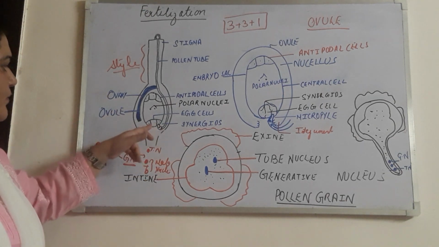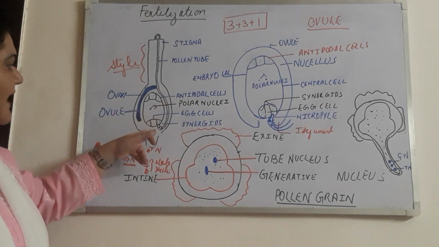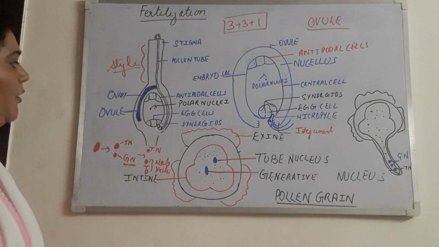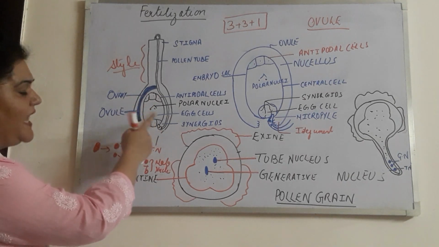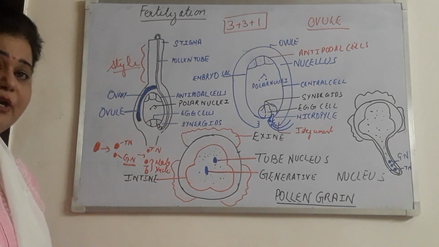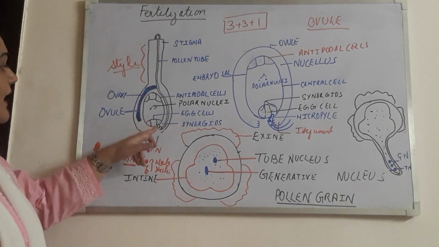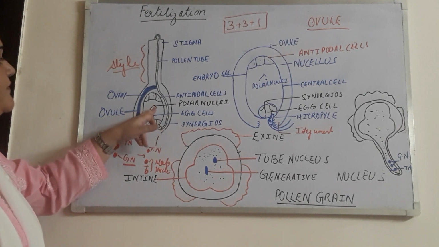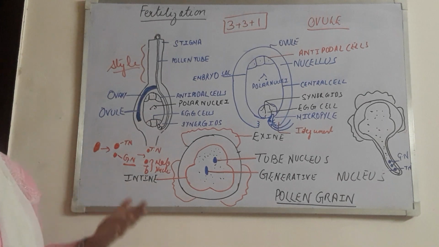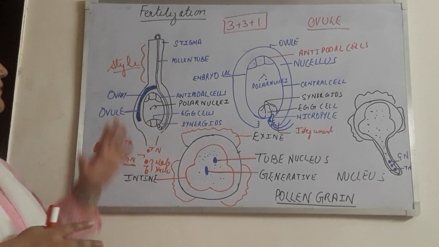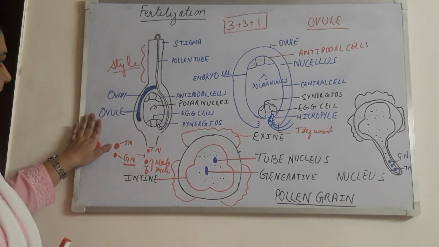Now the next work is done by the two male nuclei. One male nucleus fuses with the egg cell to form the embryo or seed. The other male nucleus fuses with the polar nuclei to form endosperm. So this was the whole process of fertilization.